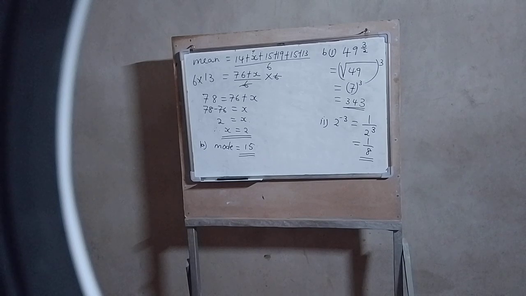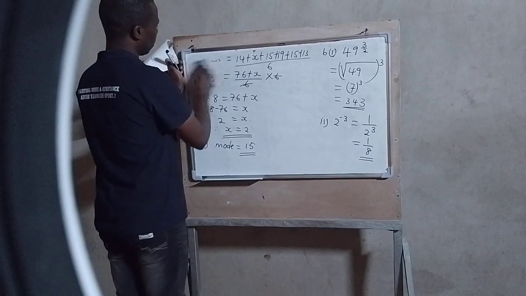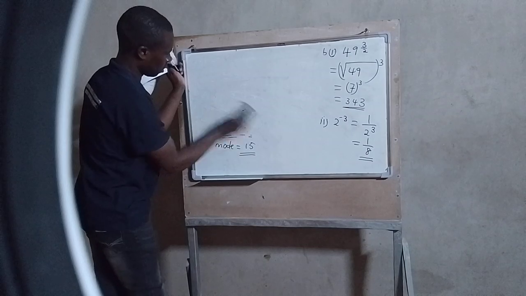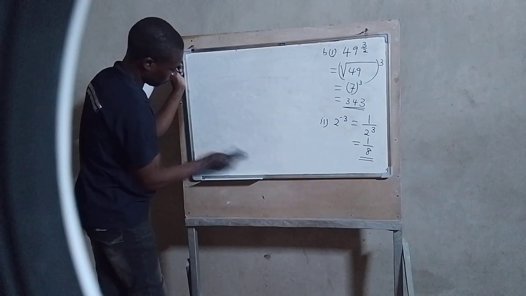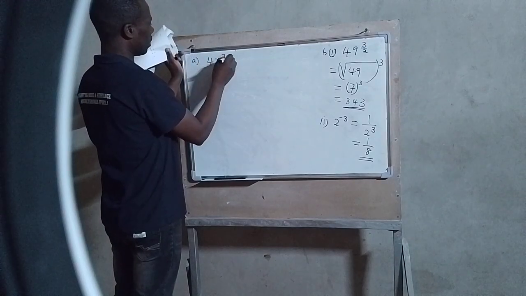I'm looking for a question on factorization. Okay. This is the question on factorization. Factorize completely 4x squared minus 1.